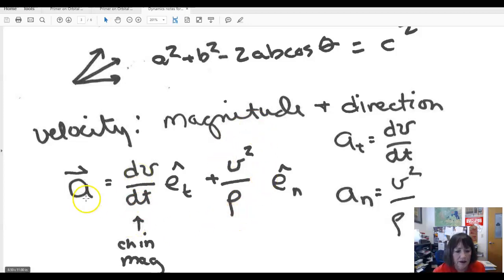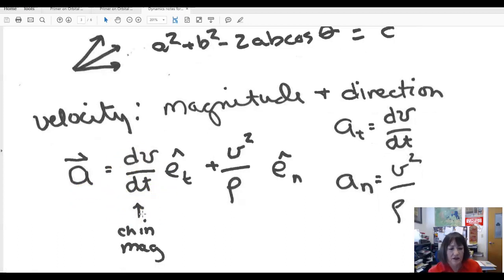So this is an expression for acceleration in normal tangential components, where the dv/dt, or the change in the magnitude of the speed in the tangential direction, and the change in direction, which is expressed by v squared over rho in the normal direction, sum up to this perpendicular total acceleration of the particle or object.